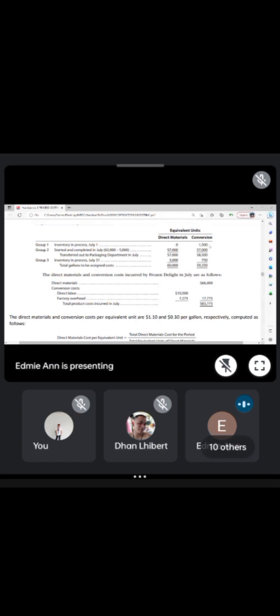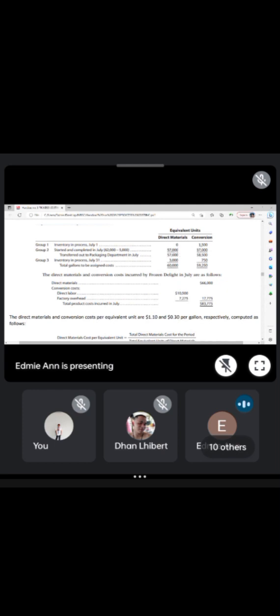Now, for group 2, started and completed in July, we have 57,000 at 100% for direct materials and 57,000 at 100% as well for conversion cost because they are started and completed during the month.